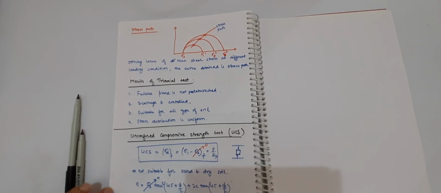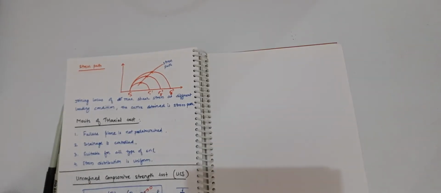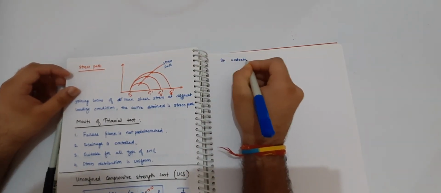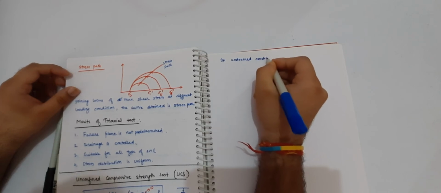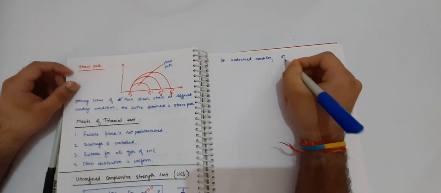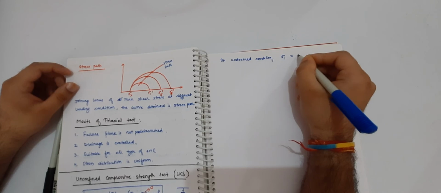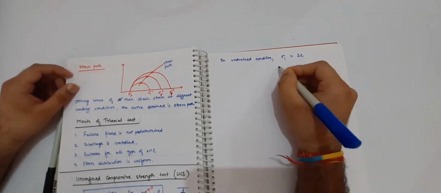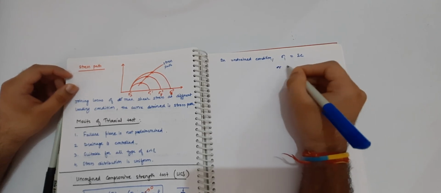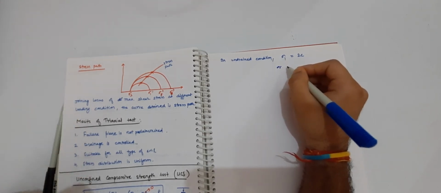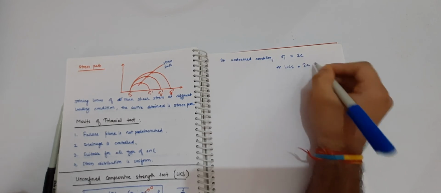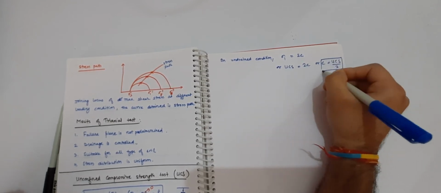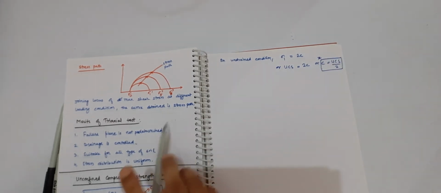So for undrained condition, sigma 1, the unconfined compressive strength, is equal to 2c, or c is equal to UCS by 2. Very important value: cohesion is equal to UCS by 2.